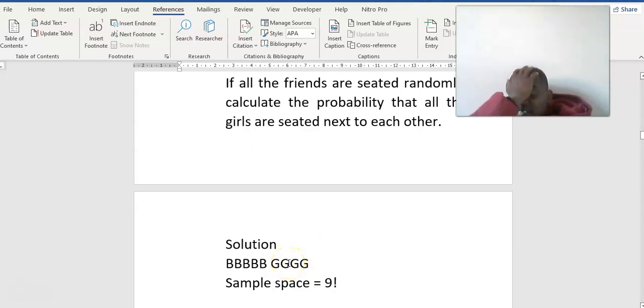The sample space is the total number of outcomes, the arrangement of the total number of people. So here, what are we going to get? You count 1, 2, 3, 4, 5, 6, 7, 8, 9. It's 9 factorial. I've done the explanation in those videos, so you go there and watch.